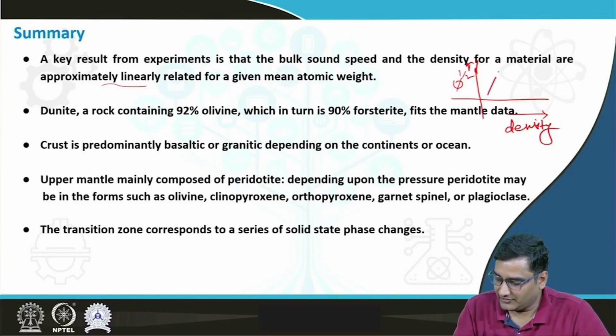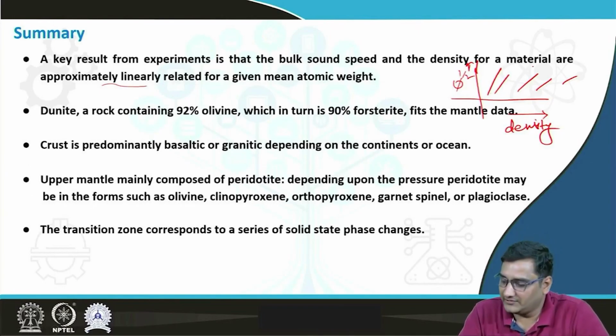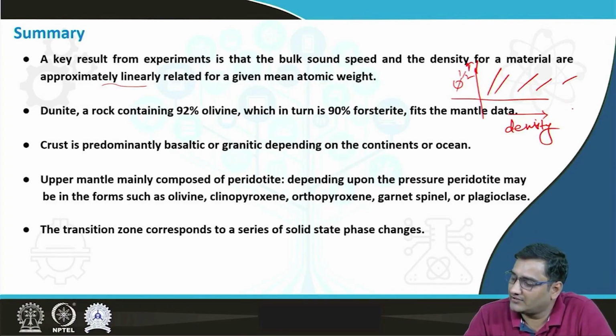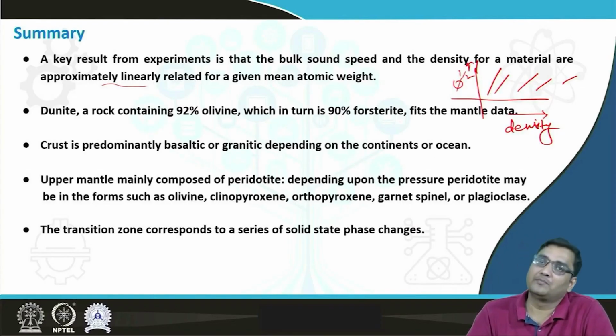Those were linearly related, and then we checked for the mantle, where the density is around 4.3, so it mostly consists of the mineral dunite, and in the case of the core, it mainly consists of Fe2SiO3, and that is on the left side of the pure iron.